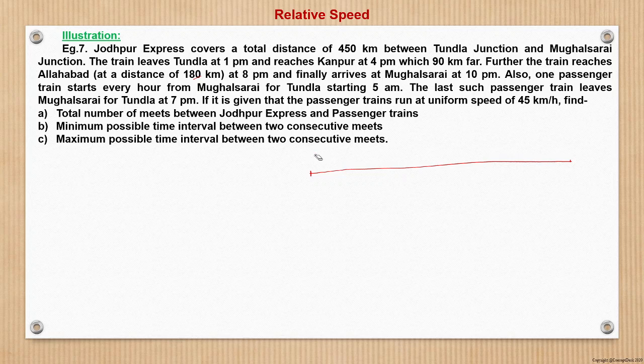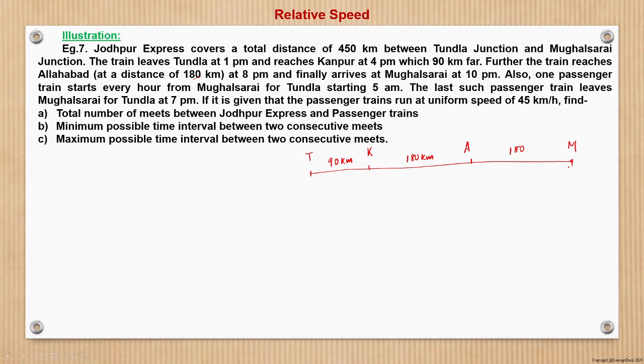Rather, let this be Tundla Junction. At a 90 km distance is Kanpur Junction. So this patch is 90 km. After 180 km from Kanpur is Allahabad station, and after 180 km from Allahabad we have Mughal Sarai Junction, right?